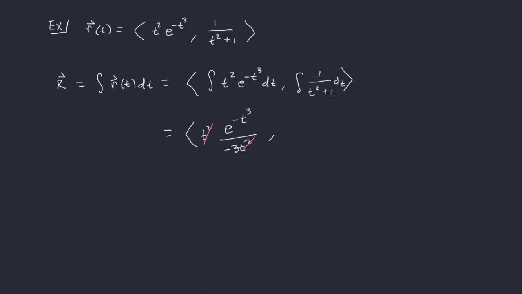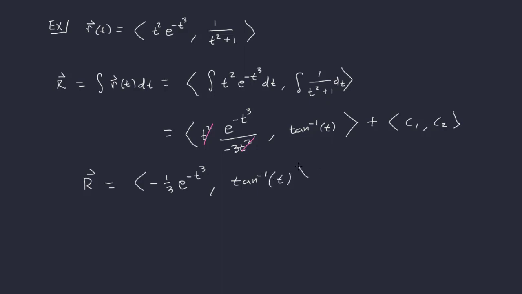And then the integral of 1 over t squared plus 1, that's going to be tan inverse of t. All right. So then I'm going to put plus c1 plus c2 in its own vector here. Okay, so it turns out capital R is the vector negative 1/3 e to the negative t cubed, comma tan inverse of t.